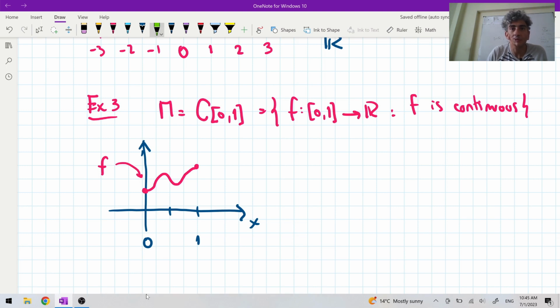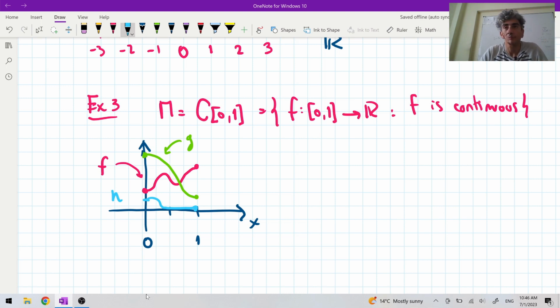Another function called, say, g, and maybe we can draw a different function, h. So these are continuous functions on a compact interval. The interval goes from 0 to 1 and contains the endpoints.